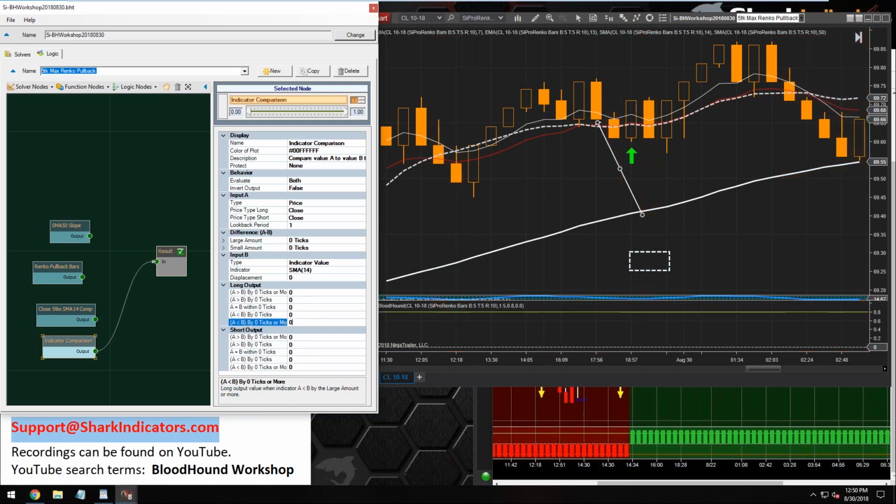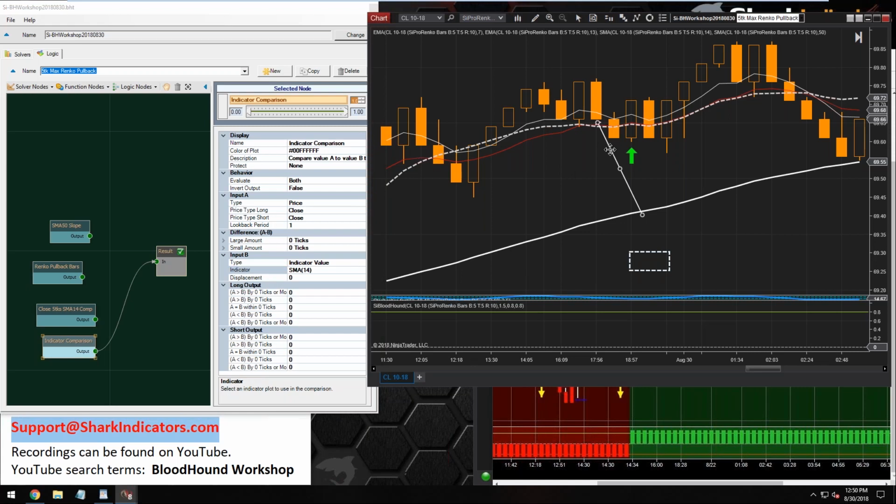Turn them off. So for a long setup, we're looking for the close to be less than the SMA. In other words, A needs to be less than B, right? So this closing price needs to be below the SMA 14. So we're looking for an output on this bar, but not when it's above or greater.